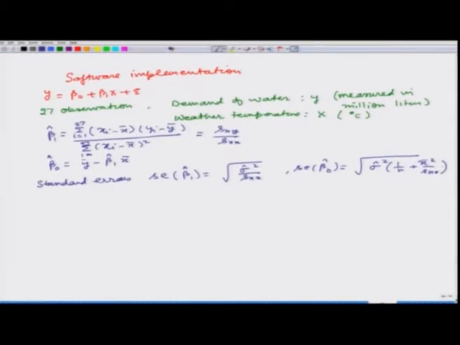Okay. So, here x bar is 1 over 27 summation i goes from 1 to 27 xi, y bar is 1 over 27 summation i goes from 1 to 27 yi, and n here is obviously 27, and sigma square hat is obtained as sum of squares due to residuals divided by n minus 2, that is 25. Okay.